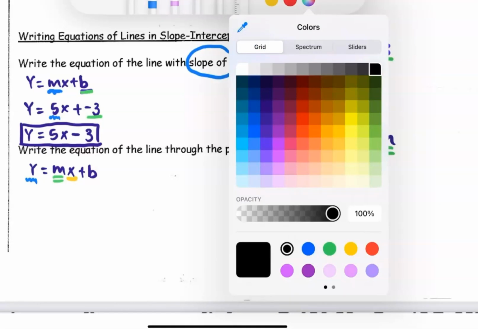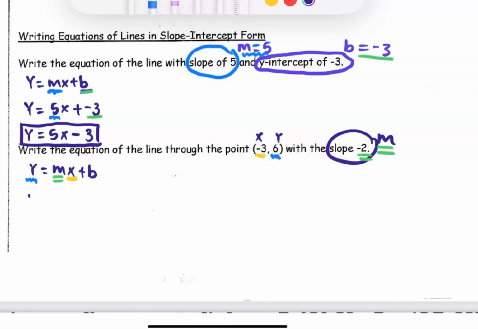So if you're ready, let's go ahead and plug stuff in. Y, instead of y, we're plugging in 6 because we set that back here. Then I have an equal sign in my equation. Instead of saying m, I'm going to go ahead and say -2 from back here. So -2.